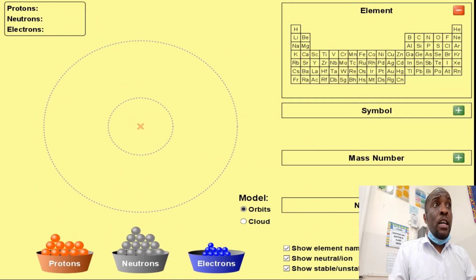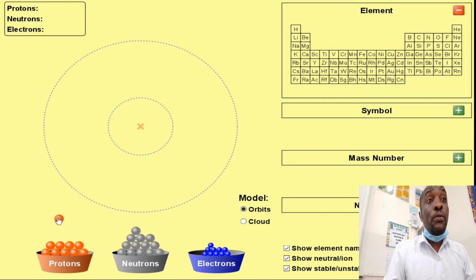Before us, we have our atomic builder, and we have to construct our nitrogen atom. Here are the protons, neutrons, and electrons. Fitting these subatomic particles in their rightful position in an atom, the protons actually go to the atom's nucleus.